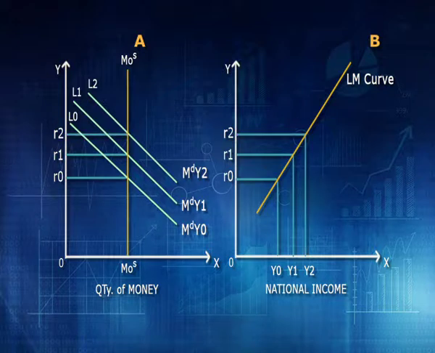Thus, there are three different rates of interest, R0, R1 and R2, corresponding to three different levels of income, namely Y0, Y1 and Y2, at which the money market is in equilibrium, representing the level of income on the x-axis and the corresponding rate of interest on the y-axis.